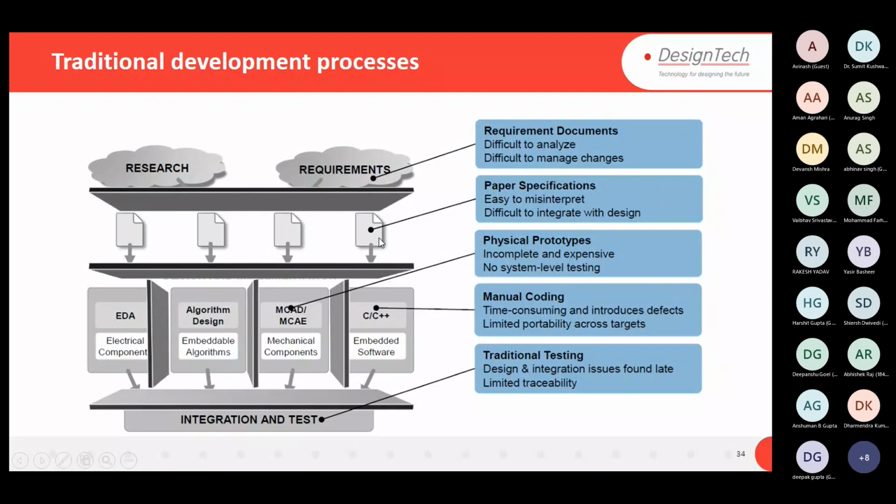Now, if you are working with a multi-domain system, like electrical component designing and algorithm designing, you are going to have other domains like mechanical components and embedded software. So what will happen when you assemble multiple domains?